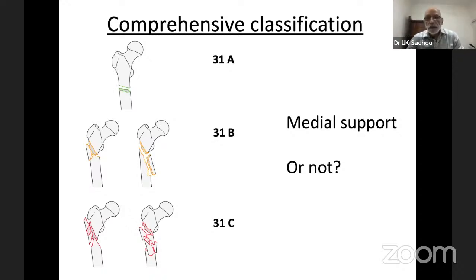Now, talking of the force vector that these fractures are subjected to, essentially, there are 2 groups. One is relatively young people, who may have other injuries also, because this could be part of polytrauma, or a somewhat elderly age group, 55 onwards, who may have this as an isolated fracture because of a fall. So the forces remain the same.